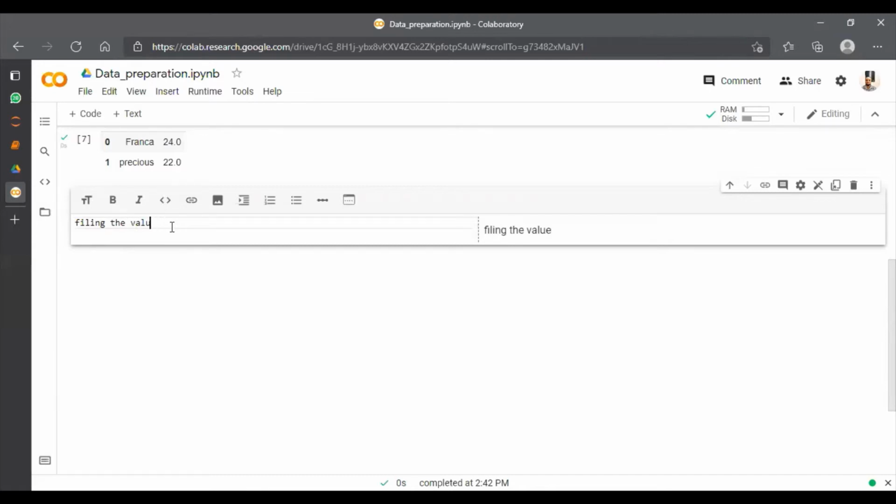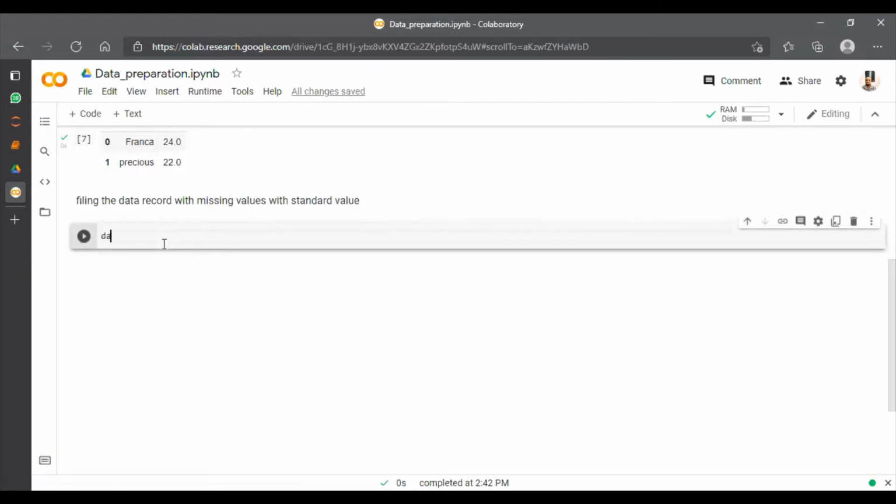Instead of removing the data values, you can try to fill them with standard values, filling the missing data record with standard values. So this is another operation that can be used to clean your data sets.